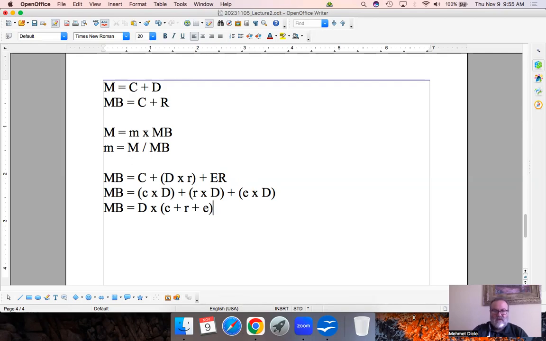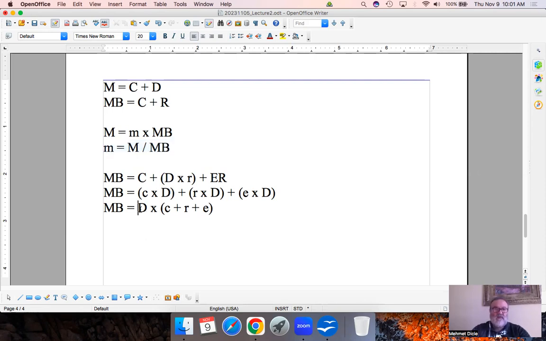So we'll continue from here. And again, remember what we're trying to derive is the money multiplier. So we are trying to derive this, right?